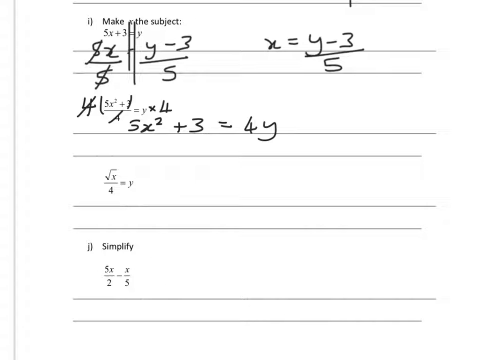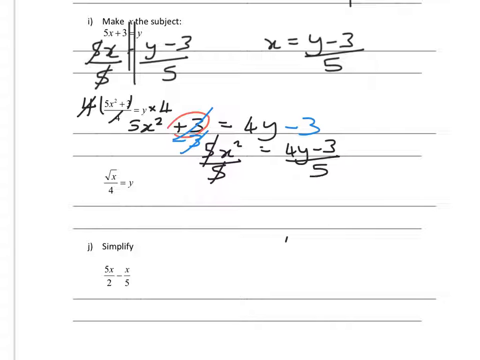I now want to get rid of the plus 3, so I can minus 3 on both sides, and that will cancel that. So I have 5x squared equals 4y minus 3. I want to divide by 5 to get rid of the 5s. So divide by 5. I then have x squared equals 4y minus 3 over 5.